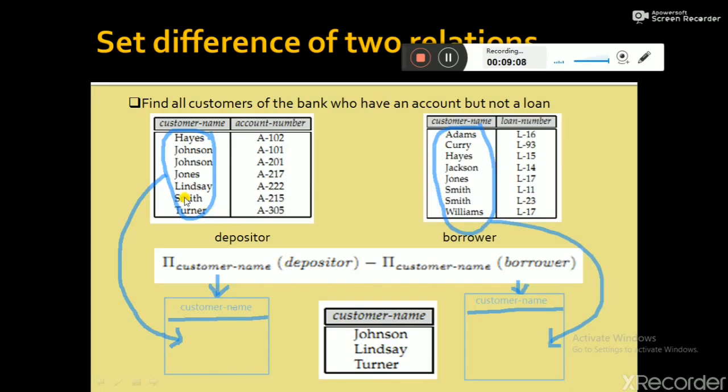Next, Smith is present in both relations, depositor and borrower, so it is not going to be stored here. And Turner is present in depositor but not present anywhere in borrower, so Turner is going to be present over here. That means we are getting the list of customers who have an account but not a loan. So that is how we can operate the set difference operation.